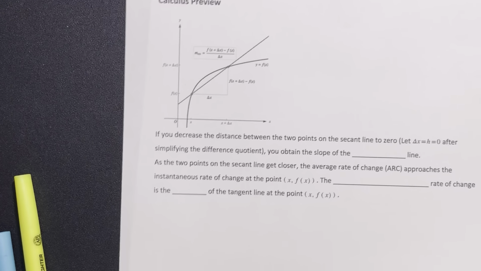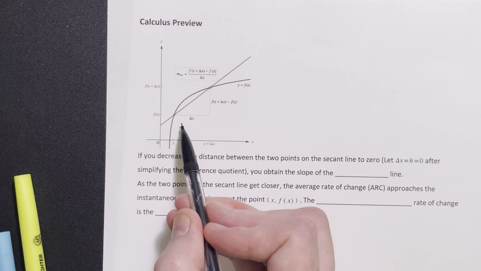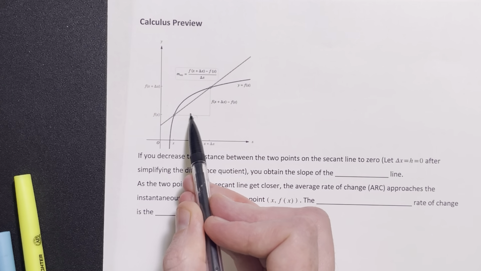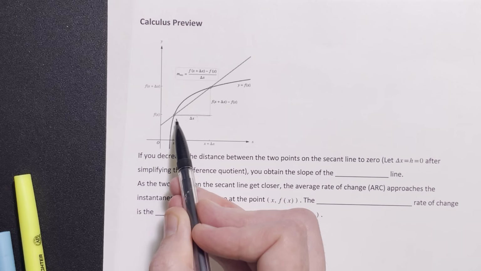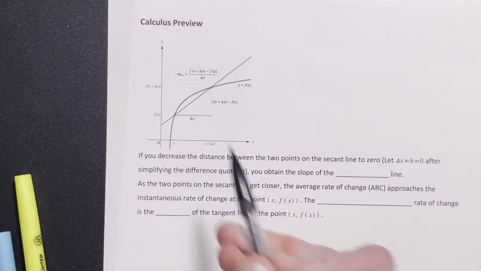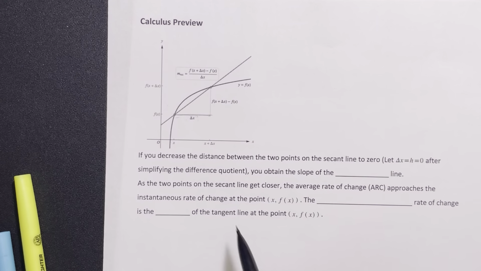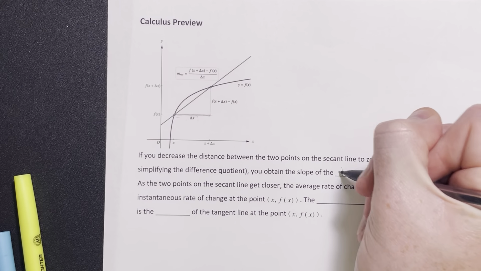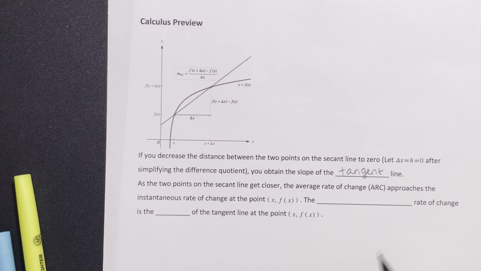Now, as you get to calculus, you will apply this application. We talk about decreasing that distance. This is going to be labeled as delta x, but we had talked about that being h, a certain distance away from x. So as we decrease the distance between the 2 points, you can obtain the slope of the tangent line. Tangent is where it touches only 1 point.